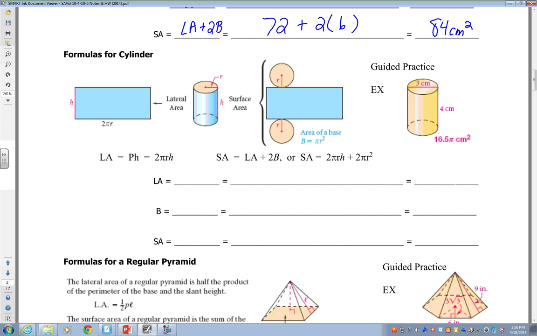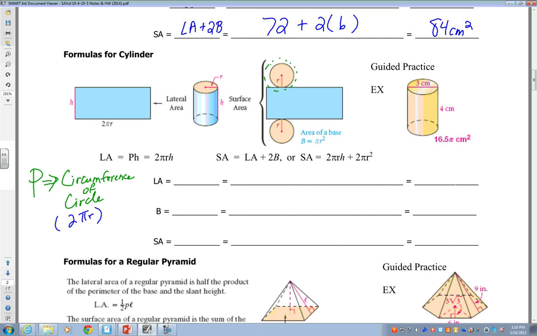In a cylinder, because we have a circle, if I'm going around the circle, the distance around the circle, so this P is actually going to be the circumference of the circle.